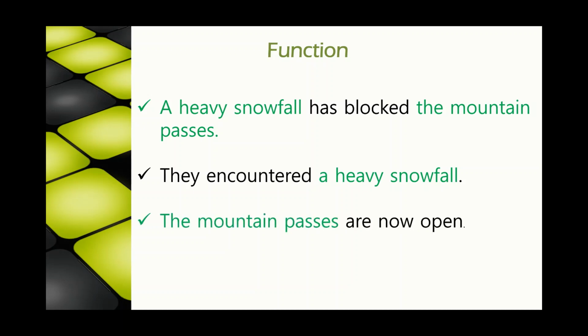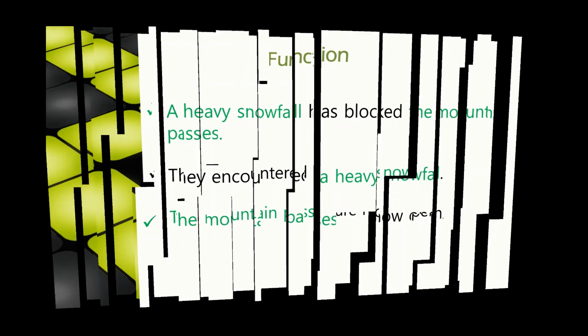The same thing for the mountain passes. It's a noun phrase. In the first sentence, it was an object. Here, it is the subject. So ultimately, phrases could perform different functions. Phrases could behave differently depending on their position.